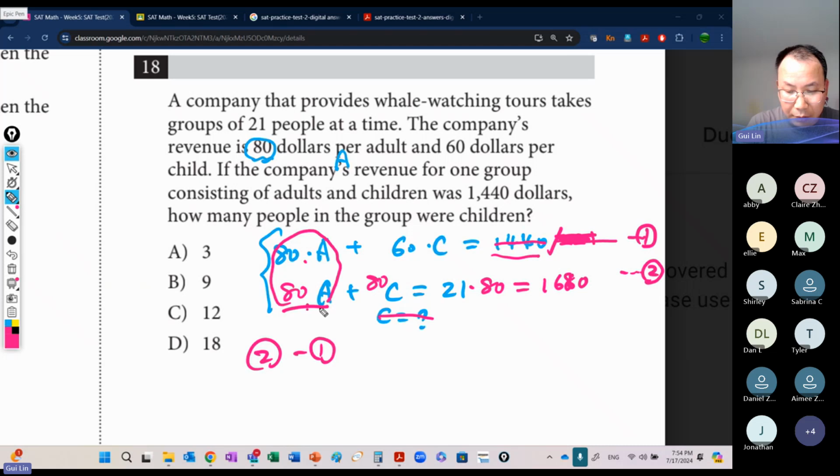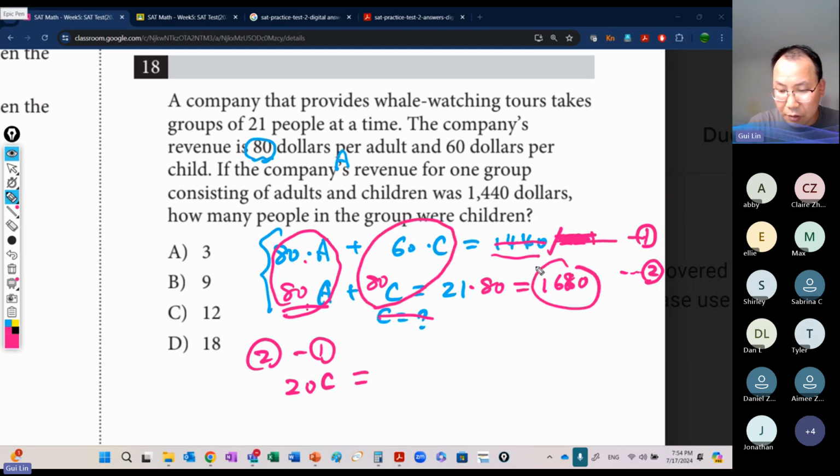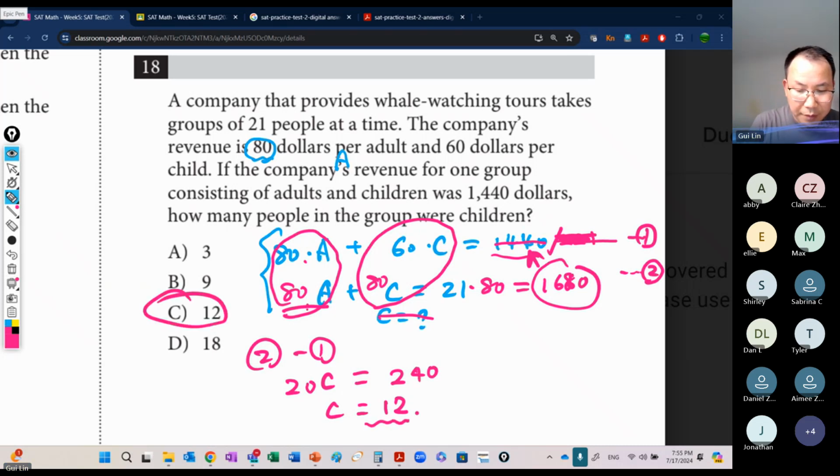This one disappeared, right? So here became 20C. What about the right part? The right part is 1680 minus 1440, so it became 240. C got a 12. So the children are 12 people, 12 kids. That's it.